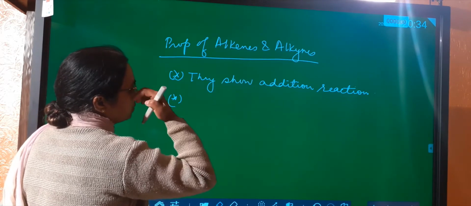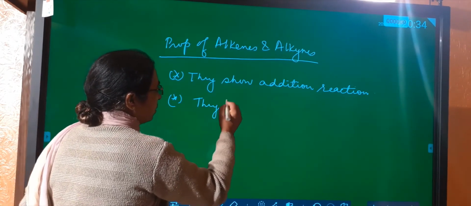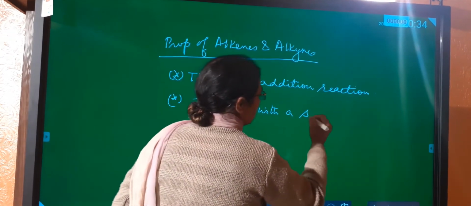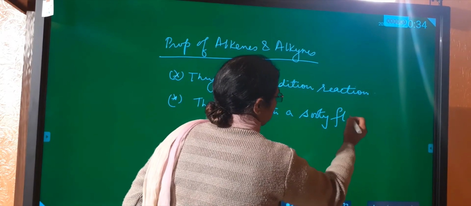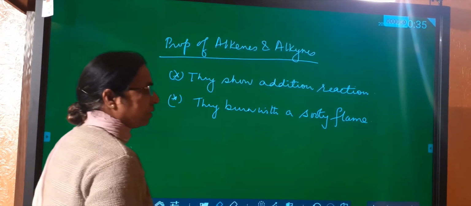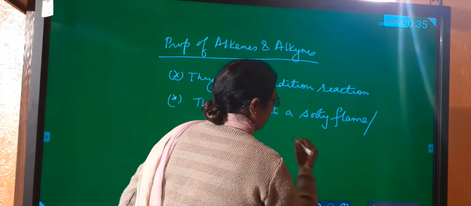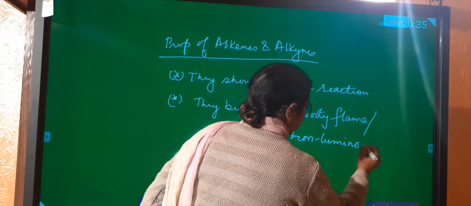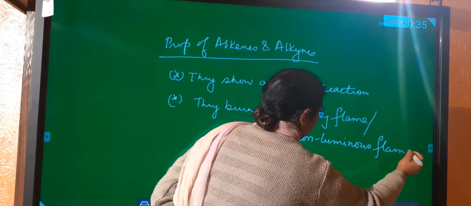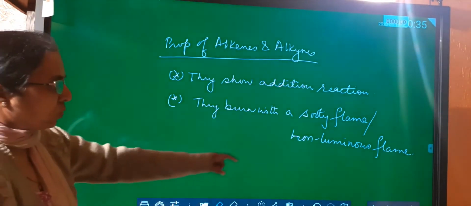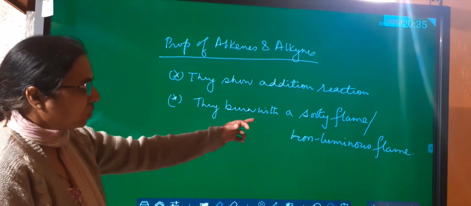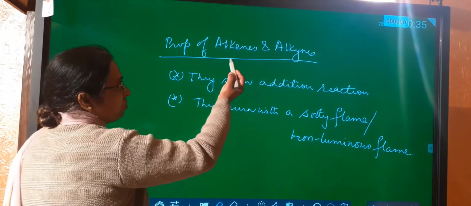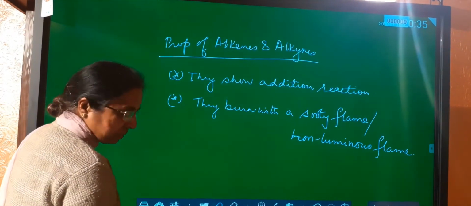Alkenes and alkynes show addition reactions, and they burn with a sooty flame, which is also known as a non-luminous flame. So this is about the properties of alkenes and alkynes.